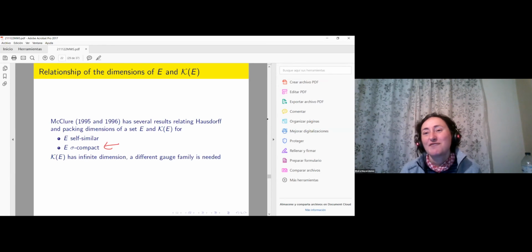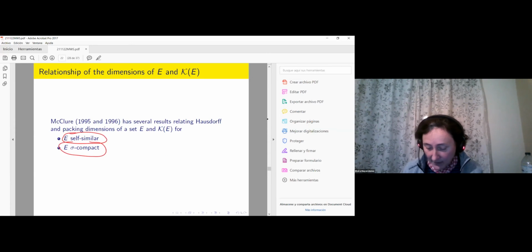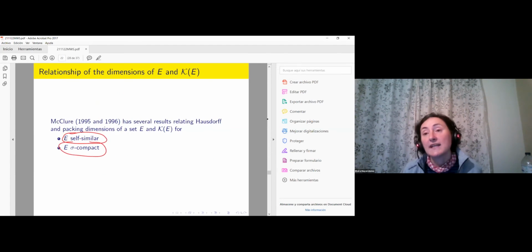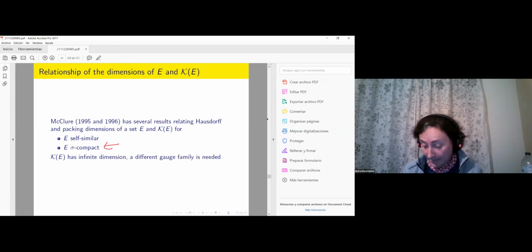Of course, when you look at the hyperspace, you cannot keep using the same gauge function because you could get dimension infinity. If you don't do anything in this space here, K of x has dimension infinity, and most interesting subsets have dimension infinity. It's not very interesting, so you need to change the gauge function.